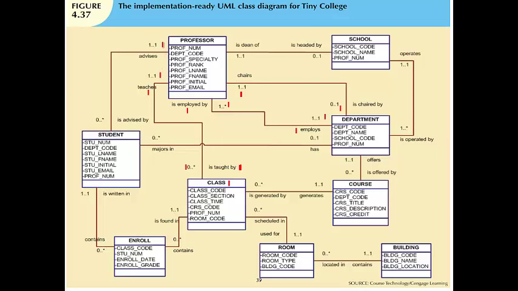A professor advises 0, 1 or many students. A student is advised by one and only one professor. So now as we worked our way through our model, we're able to understand how professor fits into relationships with other elements of the model, other entities.